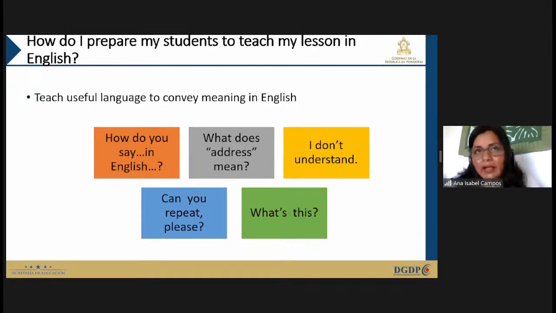But I can tell you that even with beginners, it is possible to teach the whole lesson, or almost 90% of it, in English. So if we want our students to use the language, as I said before, input is key. And the input has to come from everything we have at hand.